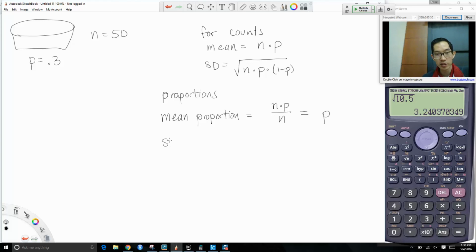The standard deviation of the proportions is going to be the square root of n times p times 1 minus p, divided by n, and that just turns into the square root of p times 1 minus p over n.